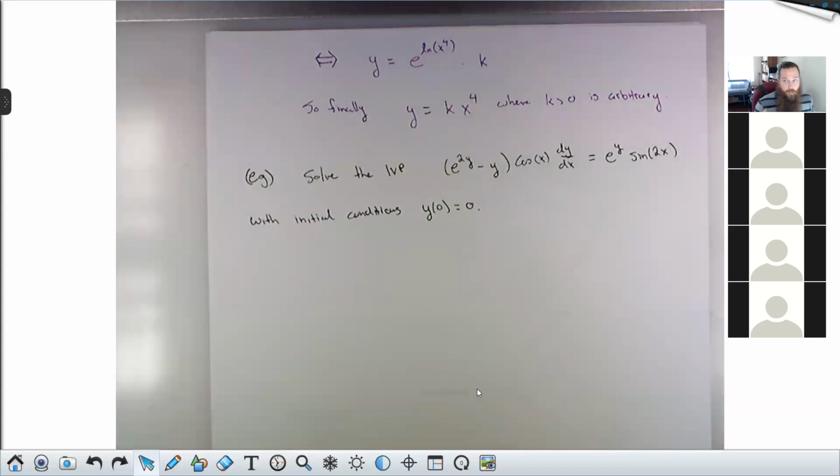So the solution curve should go through the origin.